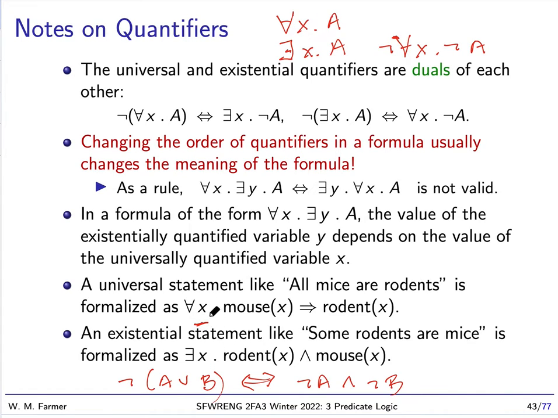So for all x means for all the things that we can talk about, all individuals, if that thing is a mouse, then that thing will be a rodent. So this is a fundamental way how we express a universal statement like this in FOL. And if we have an existential statement like some rodents are mice, we would express that by saying there exists an x that is a rodent and a mouse.